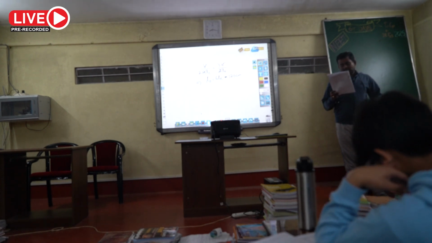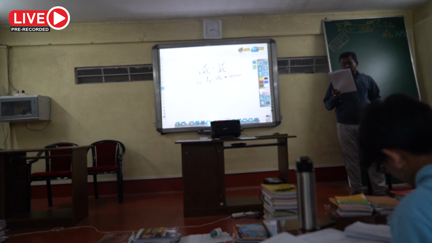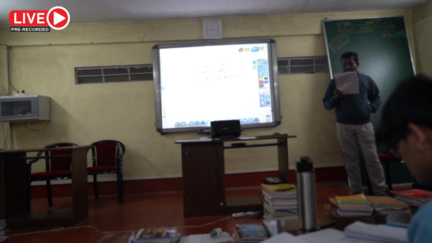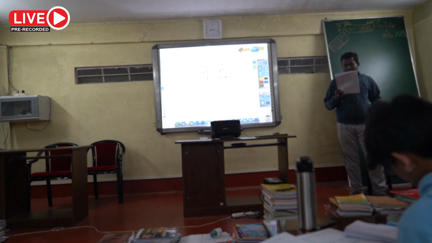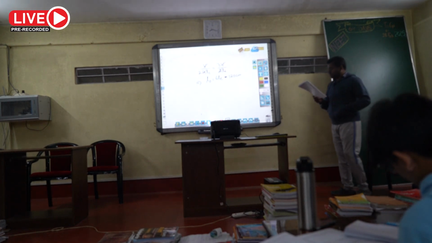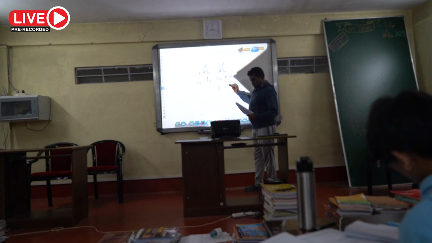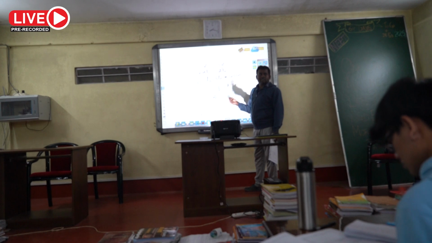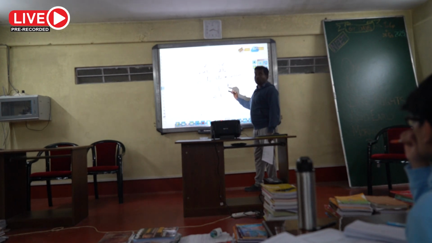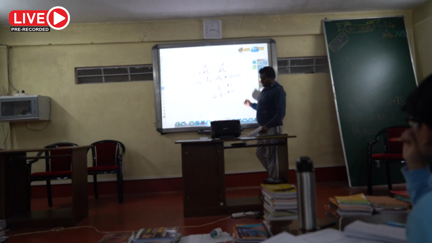The next one, the electric field in a certain region is acting radially outward and is given by E equal to A R. The charge contained in a sphere of radius a centered at the origin of the field will be given by, see, electric field is given A into R. Then at a distance R equal to small a, the field is A into small a.